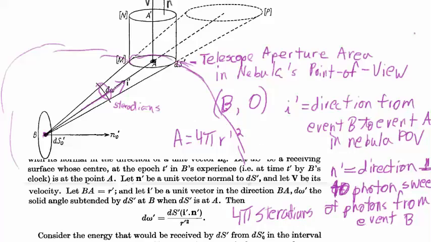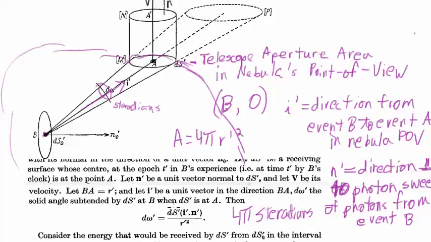So if ds prime extended as a complete sphere around point B, then ds prime would be 4 pi r prime squared. 4 pi r prime squared over r prime squared would just give you 4 pi. And then your solid angle for that entire sphere would be 4 pi.